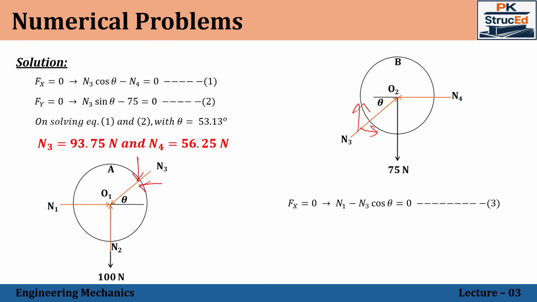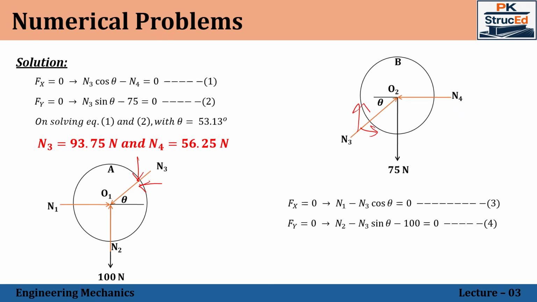Let it be equation number 3. Then we'll move on with the y component. N2 is acting vertically upward, that is positive. Then N3, resolved along the y direction, is going downward, so it should be negative. The angle is given with respect to the x-axis, so the y component should be sin theta, so minus N3 sin theta.